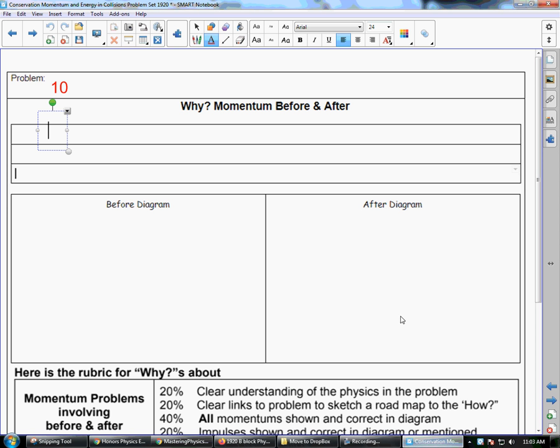So let's do a little diagram. I think I'm going to write here that this is an elastic collision.